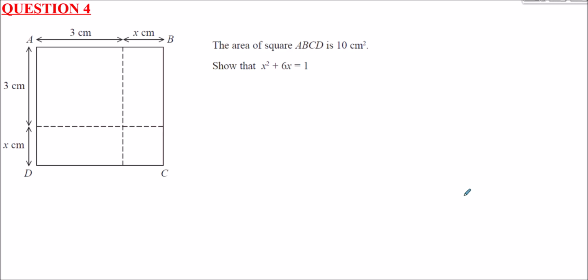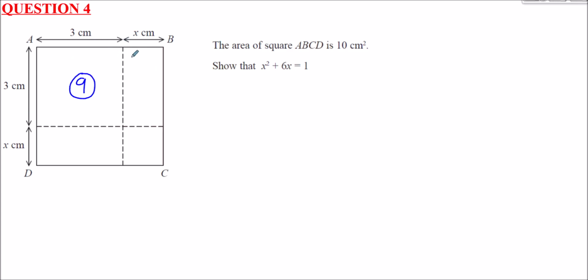So here what we've got is 4 separate areas to work out. We've got this square here, for example. So what would the area of this square be in the top left corner? Well, this square is 3 times by 3, so this square would have an area of 9. This one here, this little rectangle, is x wide, 3 long.